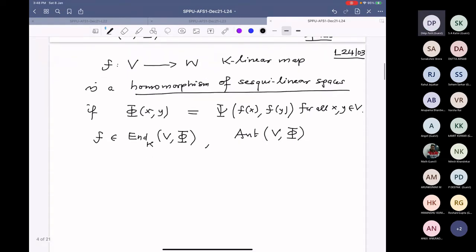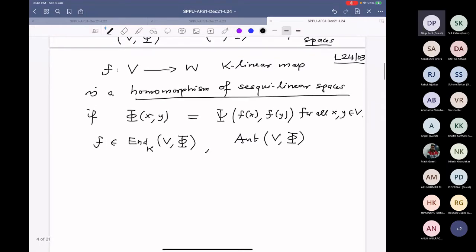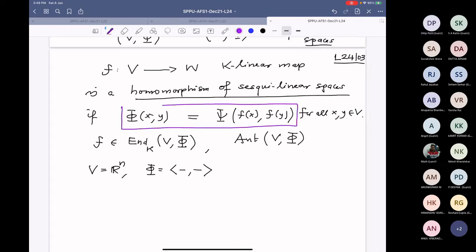So, for example, suppose you are in a standard situation where V equals R^n and phi equals the standard inner product. Then what does this condition mean? That linear maps preserve the distance. Distance preserving linear maps. And this Aut is nothing but what Nitin's lecture was saying, the distance preserving maps.